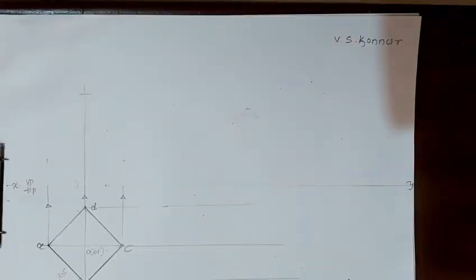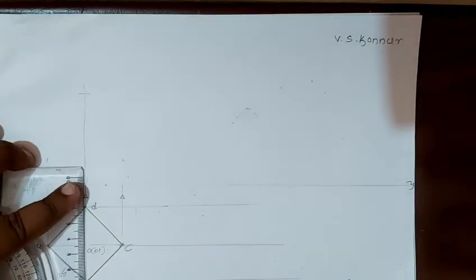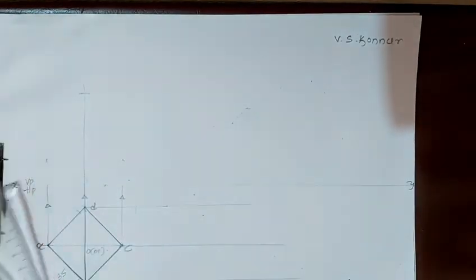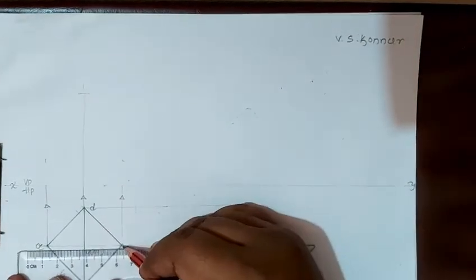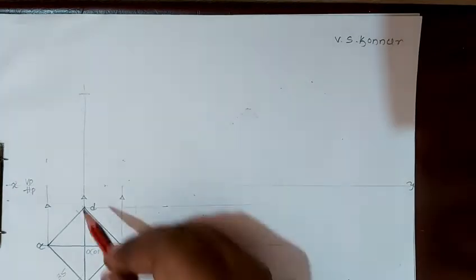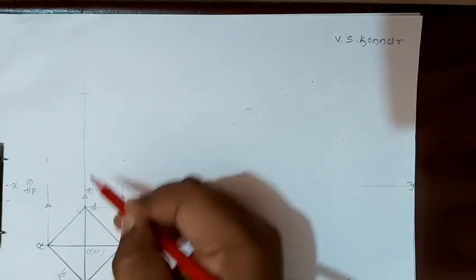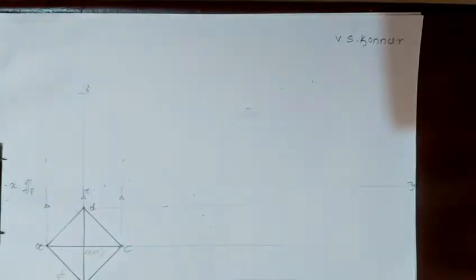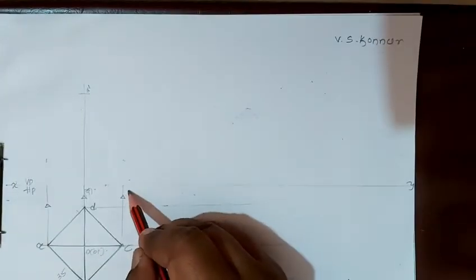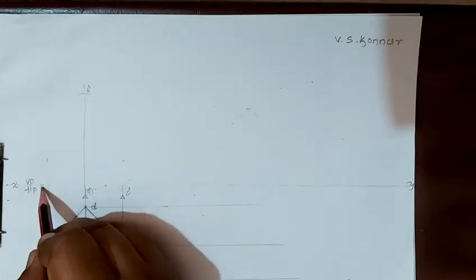Now in this pyramid, the inside lines are also made dark because it's a pyramid. When you are viewing from the top side, all the corners should be joined to the O point. Now from this it is O dash, O1 dash, and this point is called C dash, and this point is called A dash.